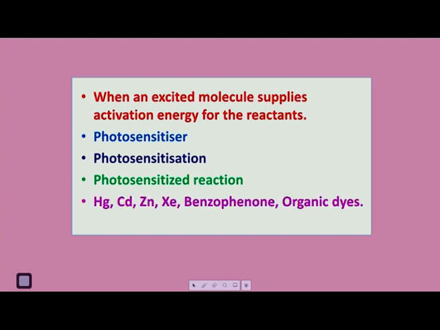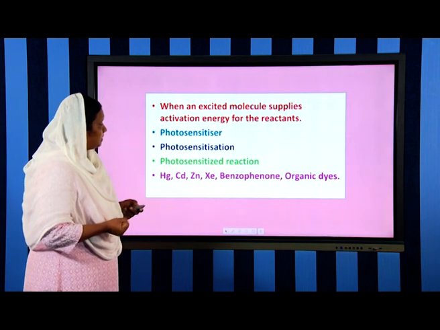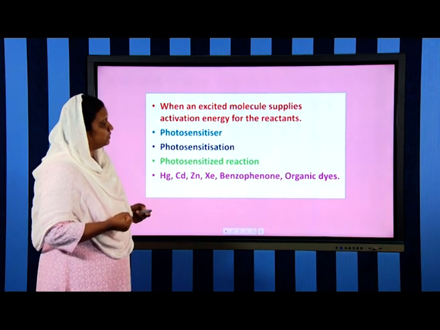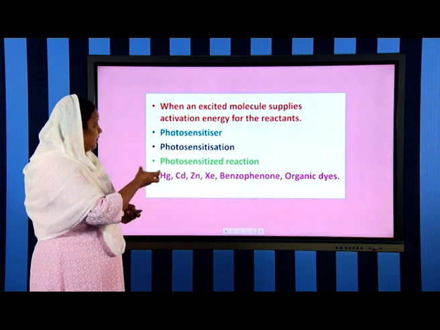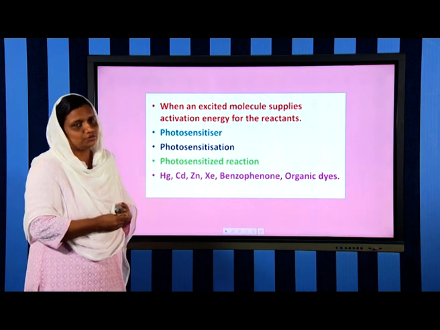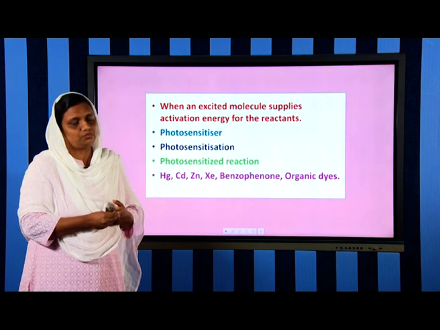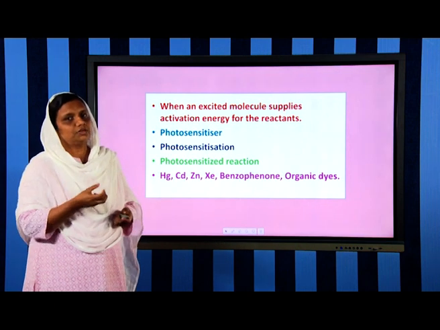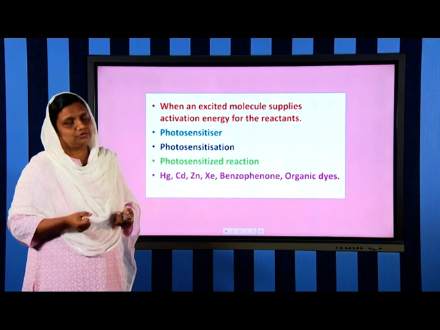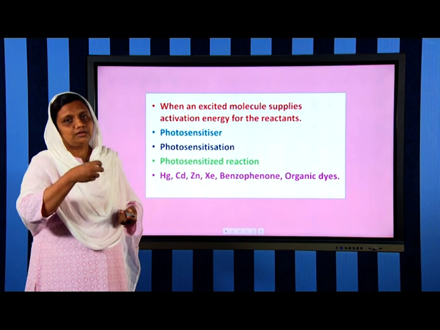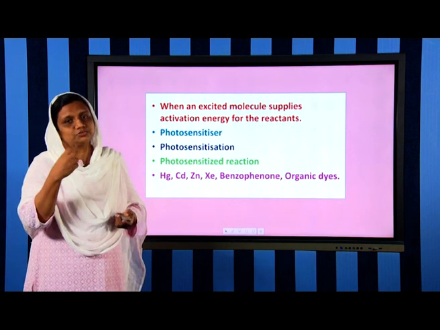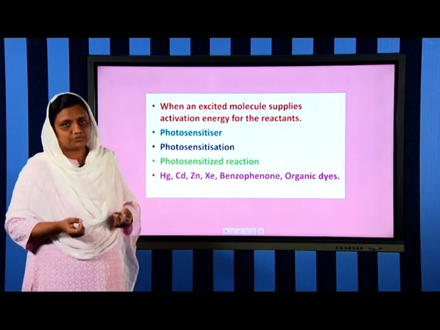Now, examples which act as donor molecules or photosensitizers are mercury, cadmium, zinc, xenon, benzophenone, organic dyes, etc. Each sensitizer, each donor atom or donor molecule will absorb radiation of different energy, and it will transfer that energy to various other molecules.